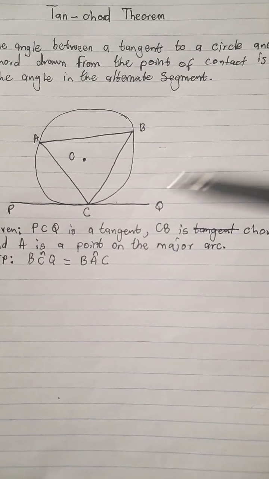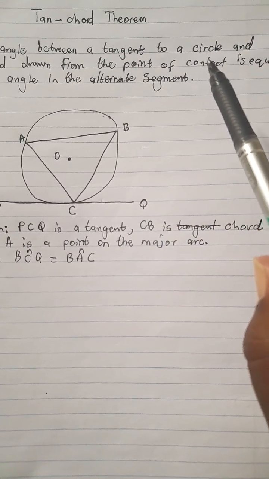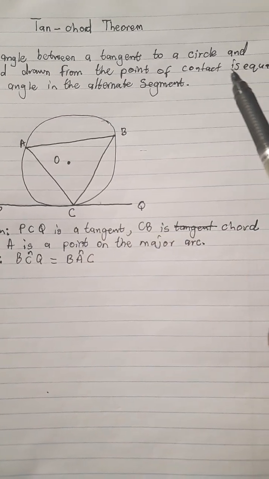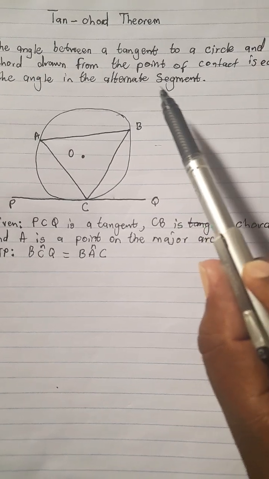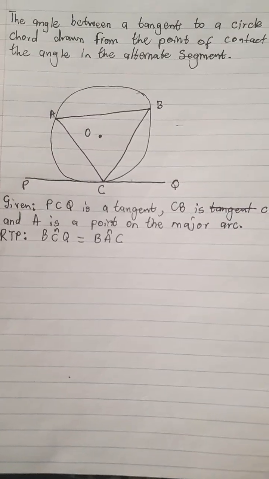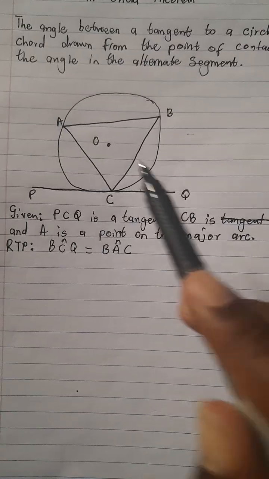We have stated that the angle between a tangent to a circle and a chord drawn from the point of contact is equal to the angle in the alternate segment. That's what the tan-chord theorem states.